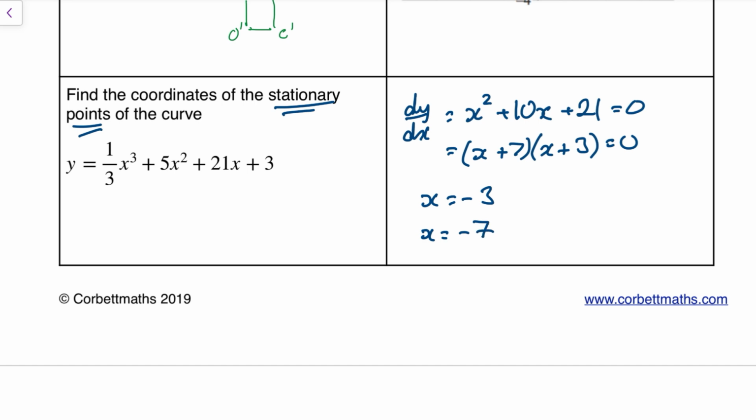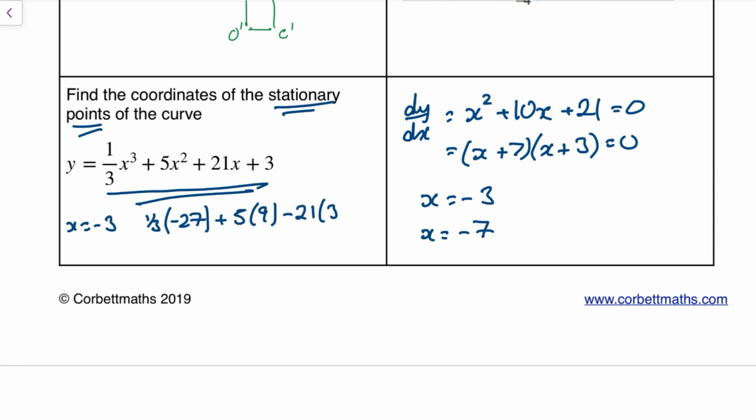So basically I'm going to have to put these back into the equation of the curve over here. So let's do that. x is minus 3, so that gives me a third of minus 3 cubed, which is minus 27, plus 5 times minus 3 squared, which is 9, minus 21 times minus 3, plus 3.